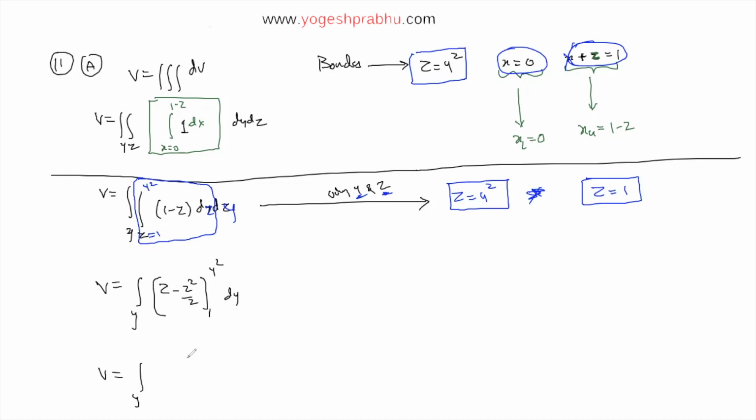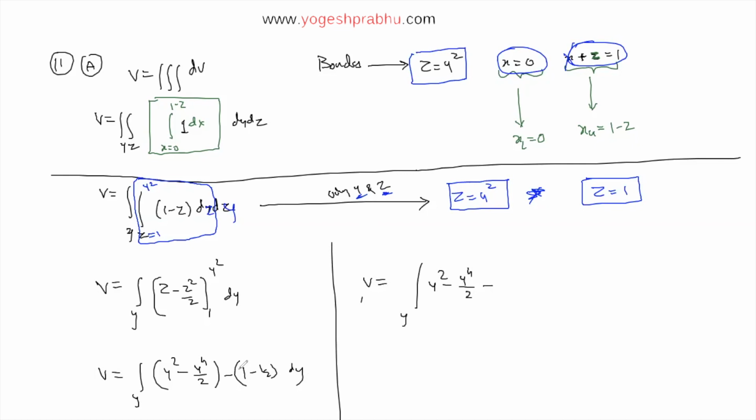V equals the integration of y: this will be y square minus y to the 4 divided by 2, minus 1 minus half. Is it correct? Yes. So we've got this.